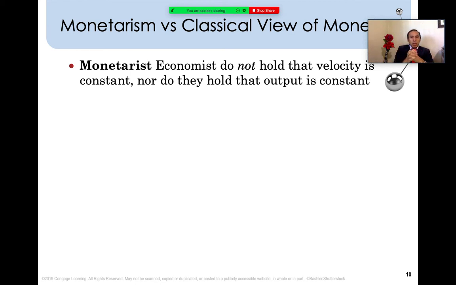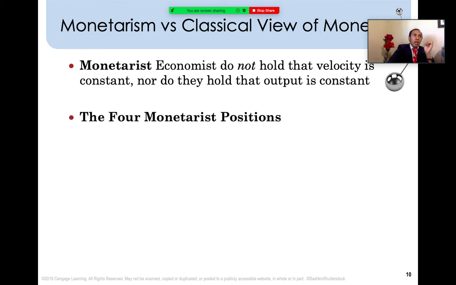Velocity changes, and the amount of gross domestic product also changes. It adjusts in the market.